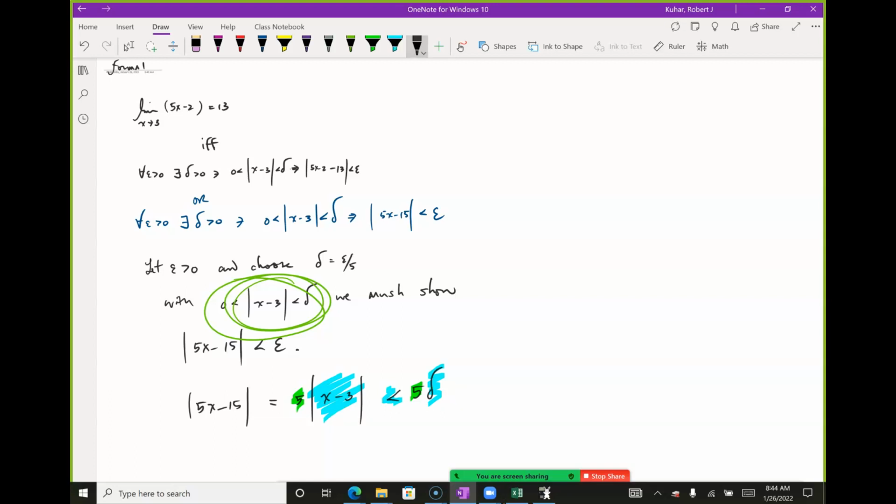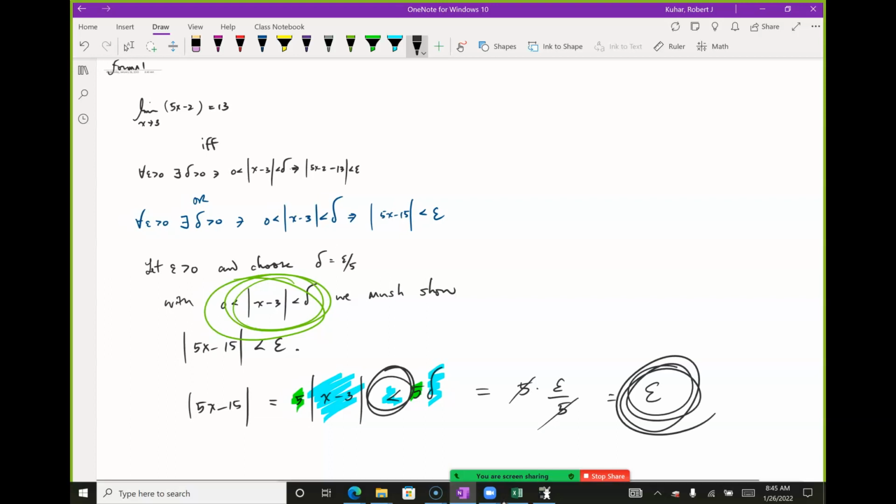Oh, but I picked a value of delta, didn't I? I know that delta is epsilon over 5. Oh, and look what happens to those 5s. They cancel, so I just get my epsilon. And look at what I've finally shown, that epsilon is bigger than the absolute value of f of x minus L. And that's what I wanted to show.